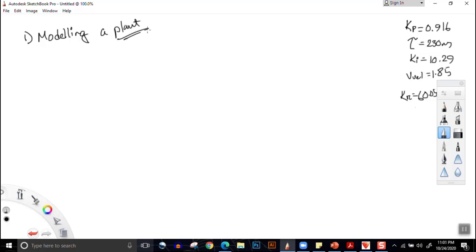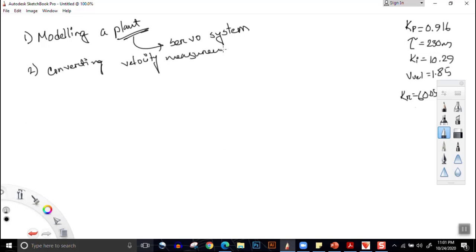Plant is whatever performs the work or moves, that is the servo system here. Again, converting velocity measurement to position. How do we do that? By finding the integrator gain Ki.